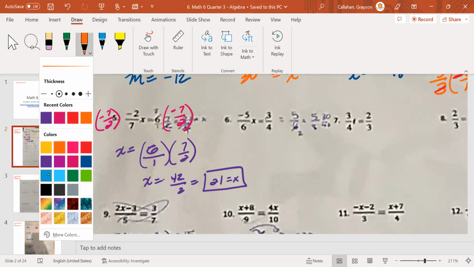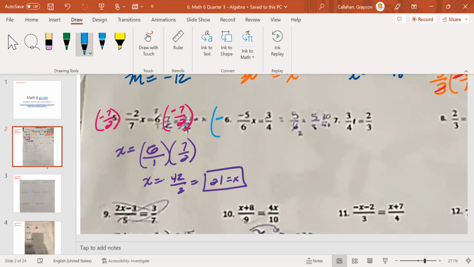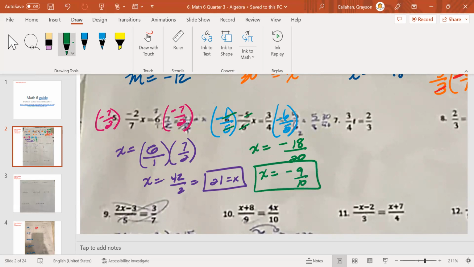When you're done with that one, continue on to the next one. Number 7.